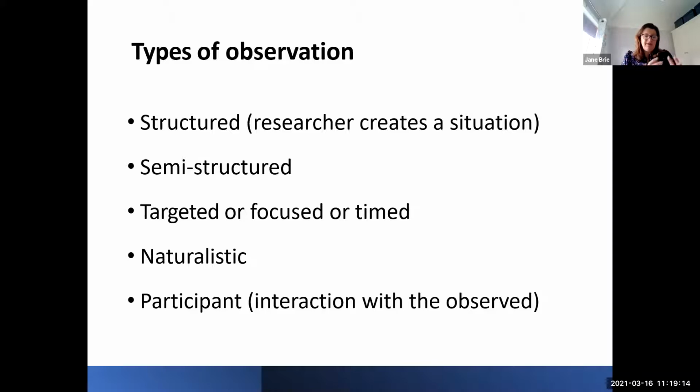So you might observe that particular child for a time period, or in a particular subject, or doing an activity. Or you might just want to see how they move, because beyond thinking about learning, we're also thinking about development. As practitioners, we have to be aware of physical, emotional, and social development as well.